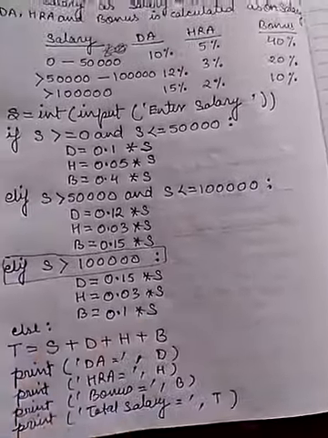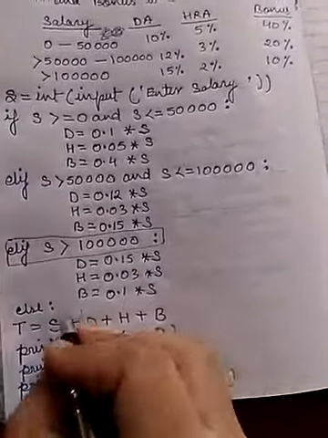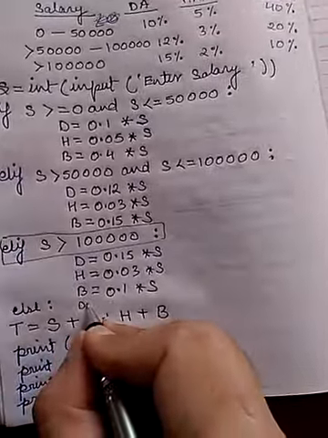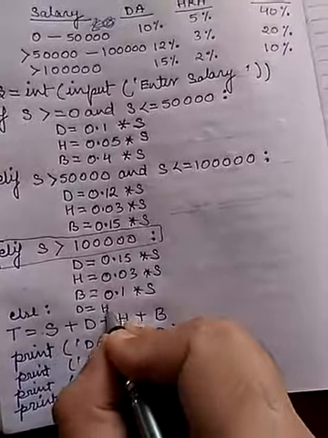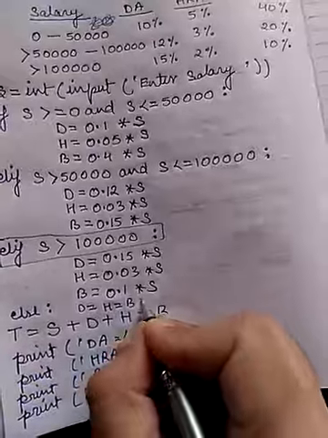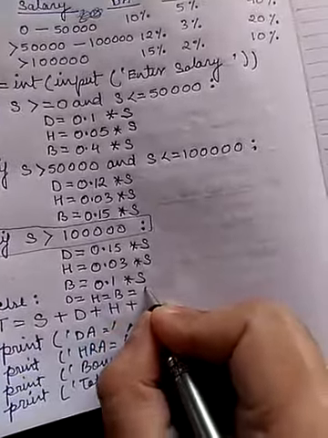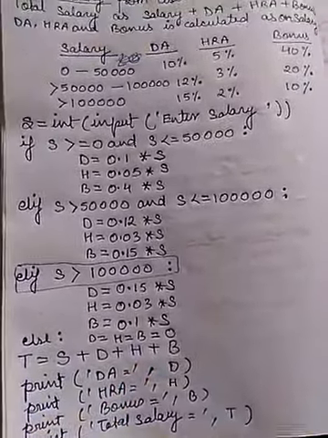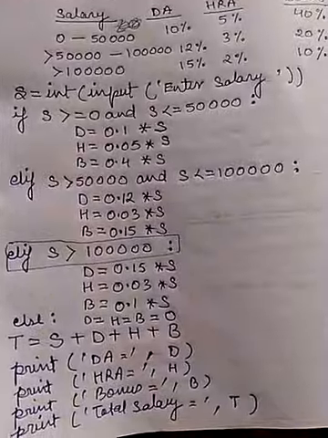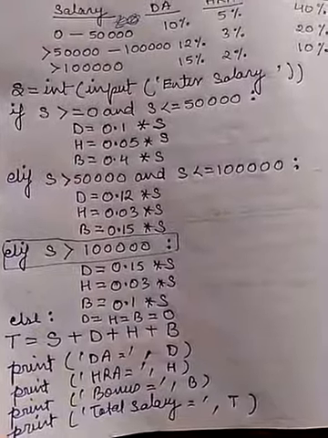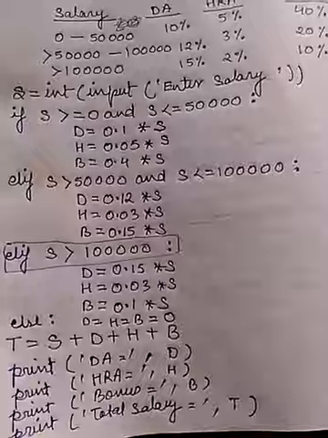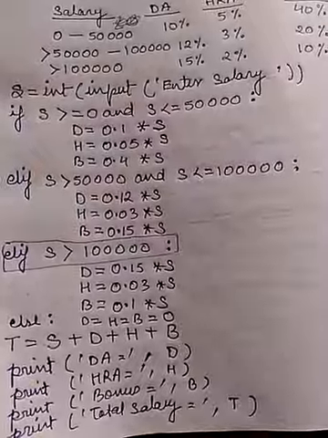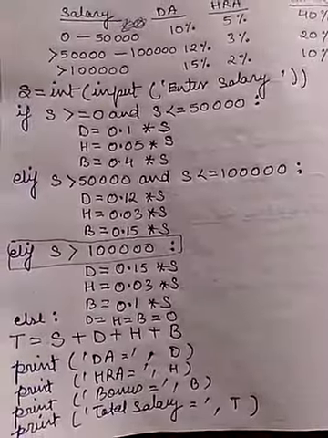Else, in this else part I am putting all the things: DA equal to HRA equal to bonus equal to 0. So in this way, if the user puts any negative value over here, then DA, HRA, bonus, everything will be calculated as 0.